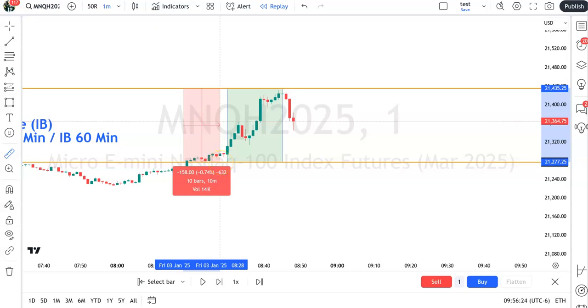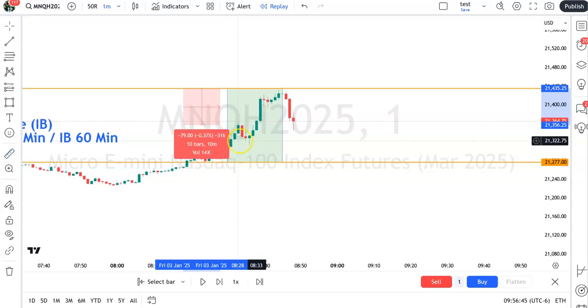That opening range is 158 points during that first 15 minutes. So you can see it covered a lot of ground. And so that's 632 ticks, so I'm going to go up to 316 ticks, which would be half of that area. Okay, that stays on the chart just for a second.